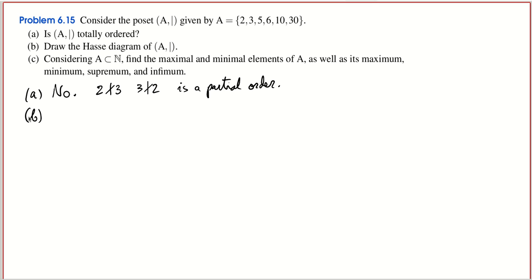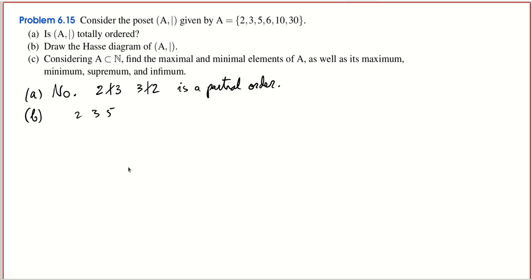Now B, we have to draw the Hasse diagram, and for that we need to first find the minimals of this set, which are the elements that are not divisible by any other in the set. We have 2, 3, and 5, which are primes, and that's why they are minimals. 6 is divisible by 2, and 10 and 30 are even numbers, so divisible by 2. So these are the only minimals.